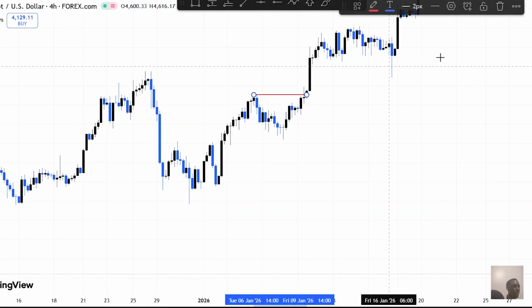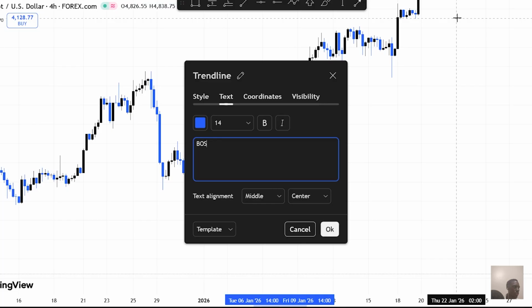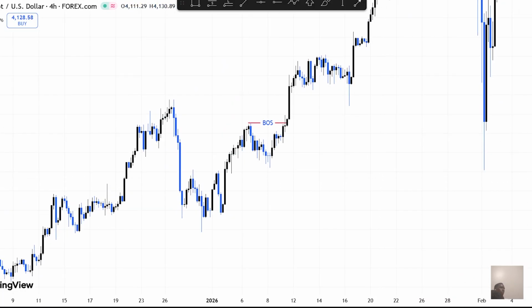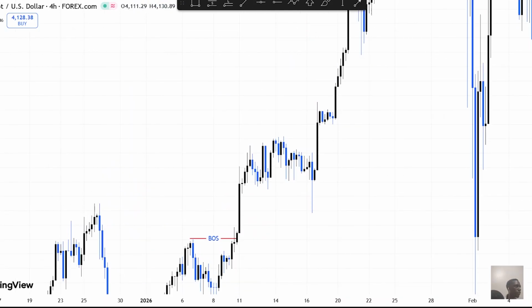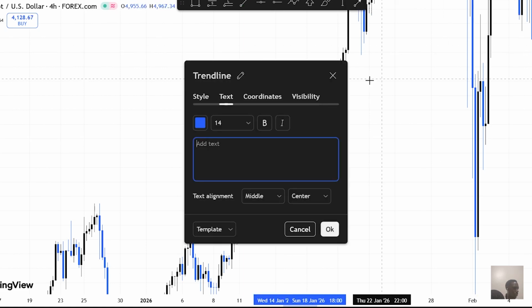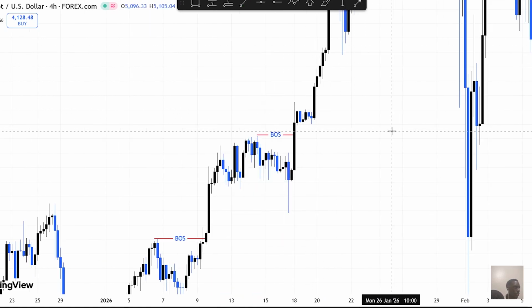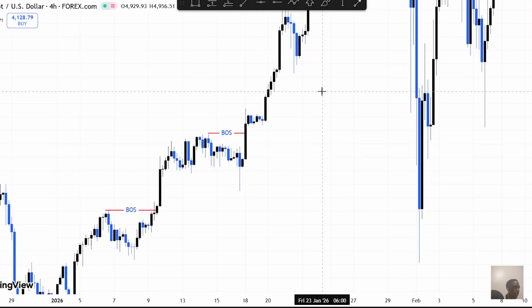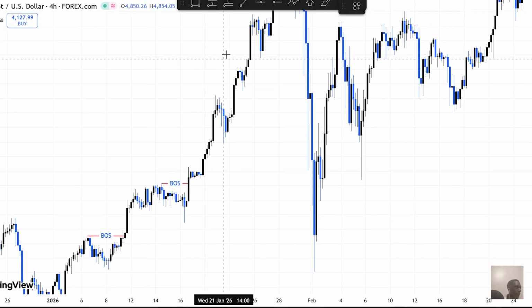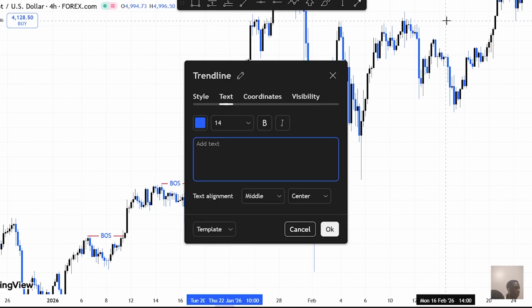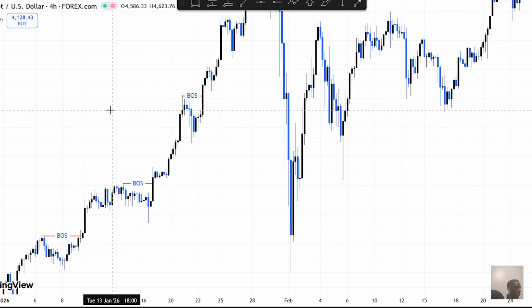Break structure. So pushes, break structure. As you can see here, does the same here. Does the same there. Break structure there again.